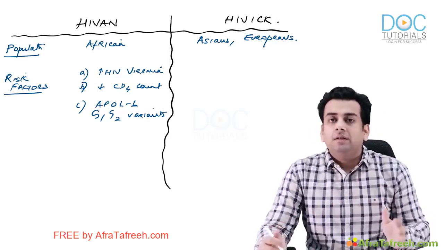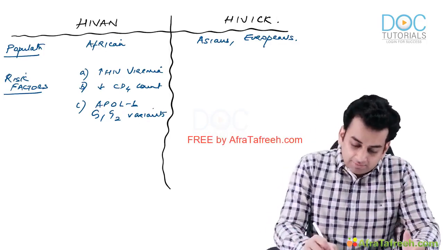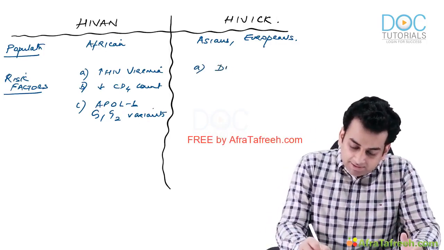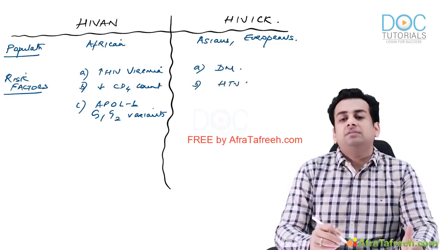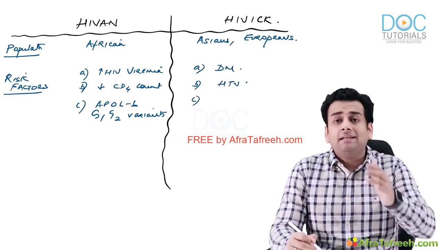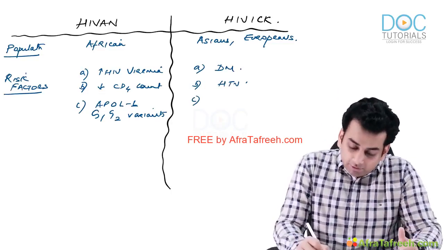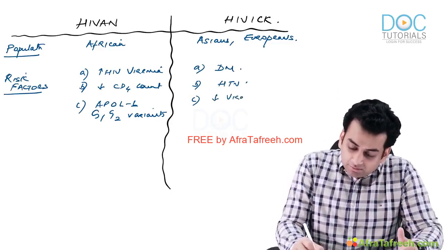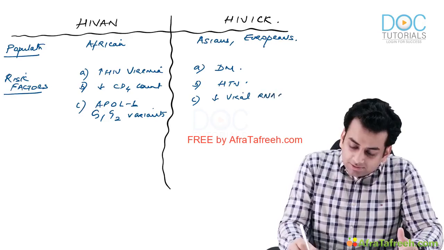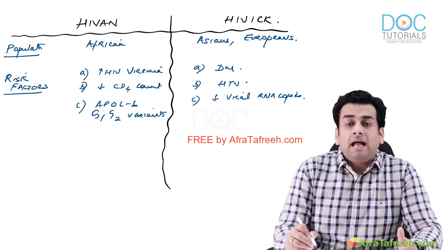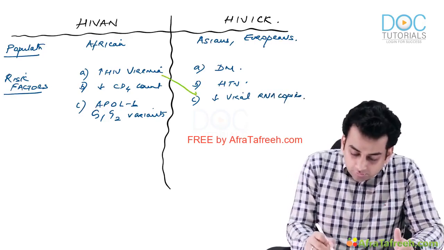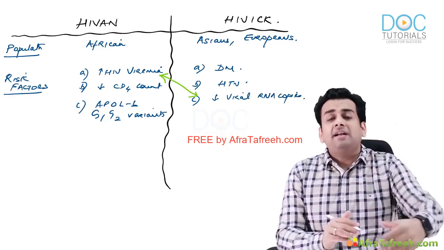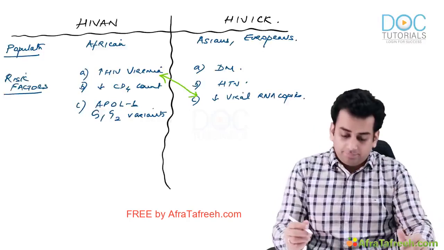Coming to HIVICK, the important risk factors are: number 1, presence of diabetes, presence of hypertension. In fact, it is associated with lower viral RNA copies as opposed to higher viral RNA copies in HIVAN.